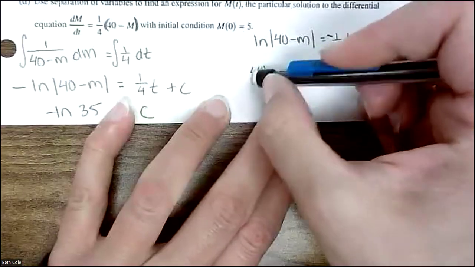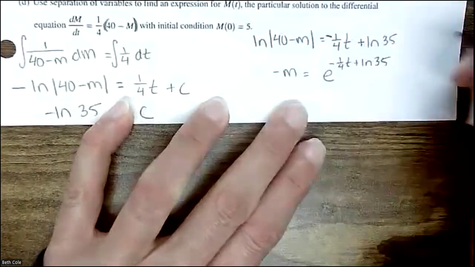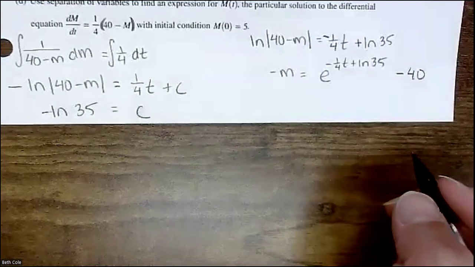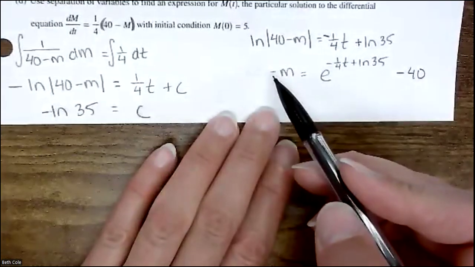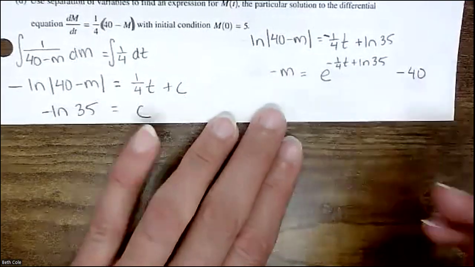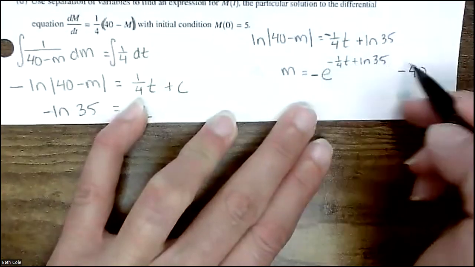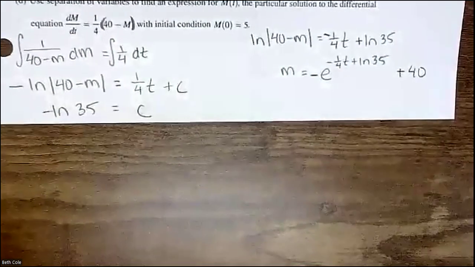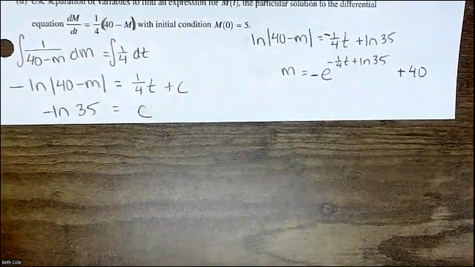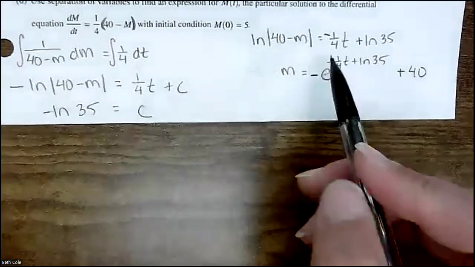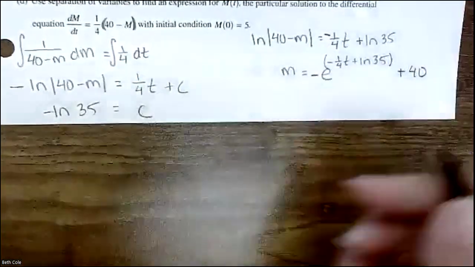All right, I'm going to erase this 40. How do I bring that to the other side? Yeah, subtract 40. And then I'm going to erase this negative and do the same thing. Everything's just going to flip-flop its sign. So it's going to be minus e to the blah, blah, blah, plus 40. So the exponent is not going to change.